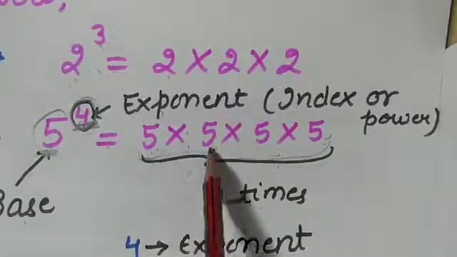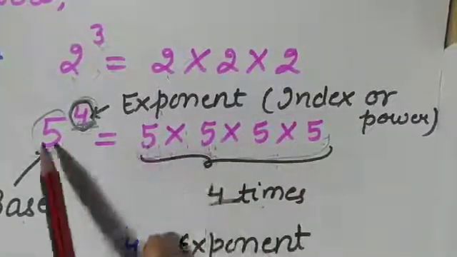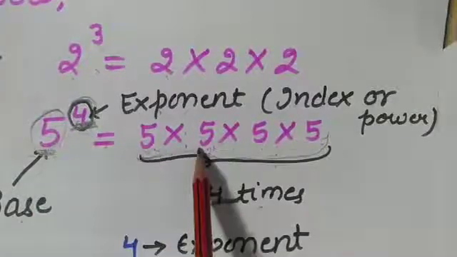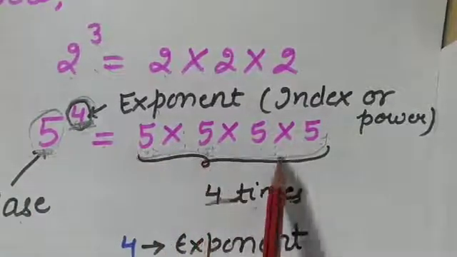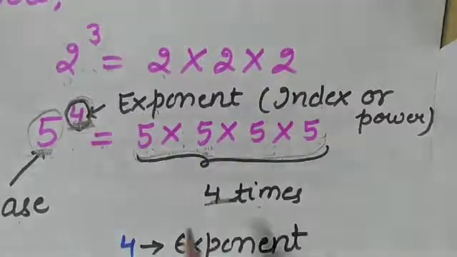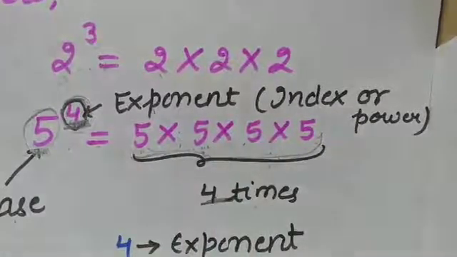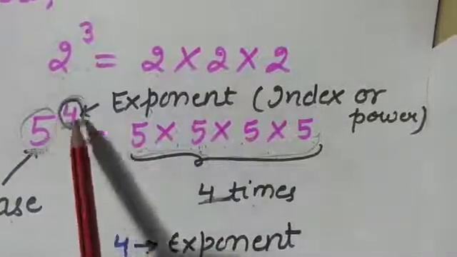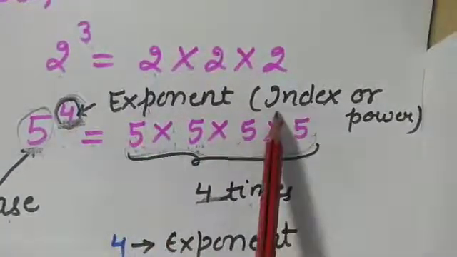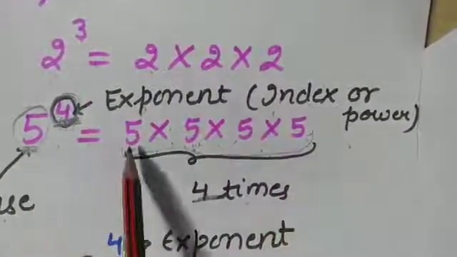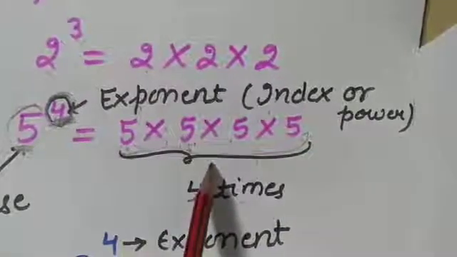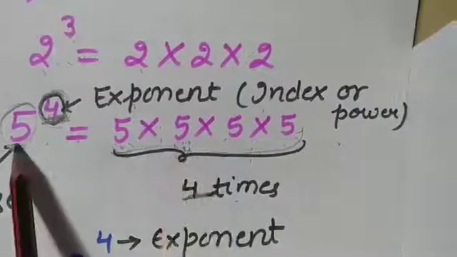So here 5 is multiplied, so 5 will represent the base, and how many times this 5 is being multiplied, that is its exponent. Here we are observing that 5 is multiplied 4 times, so 4 will be its exponent, or you can say index or power.